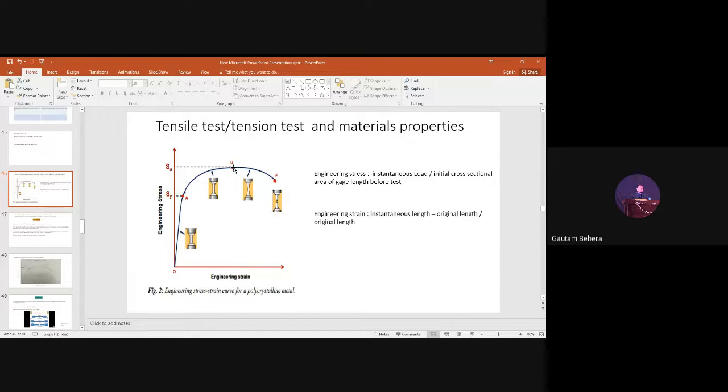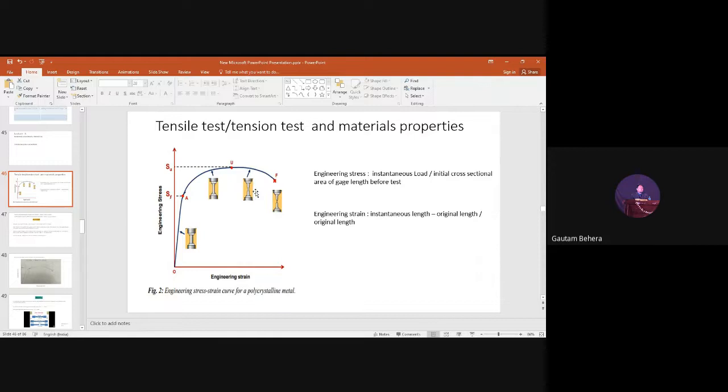But you can see before this point, there is a uniform elongation. The elongation which is happening here is uniform. If you measure the cross-sectional area, it is fixed, constant. But from this point, there is a non-uniform elongation or non-uniform deformation.